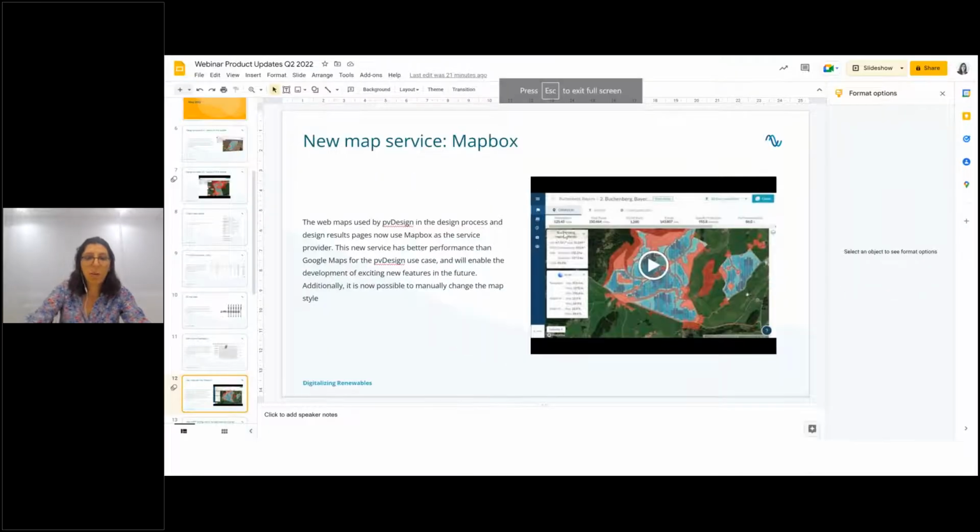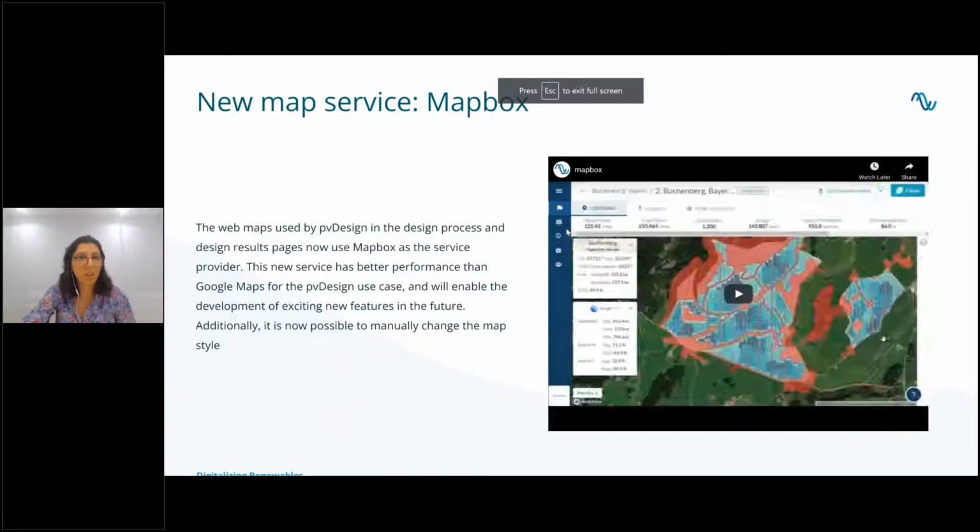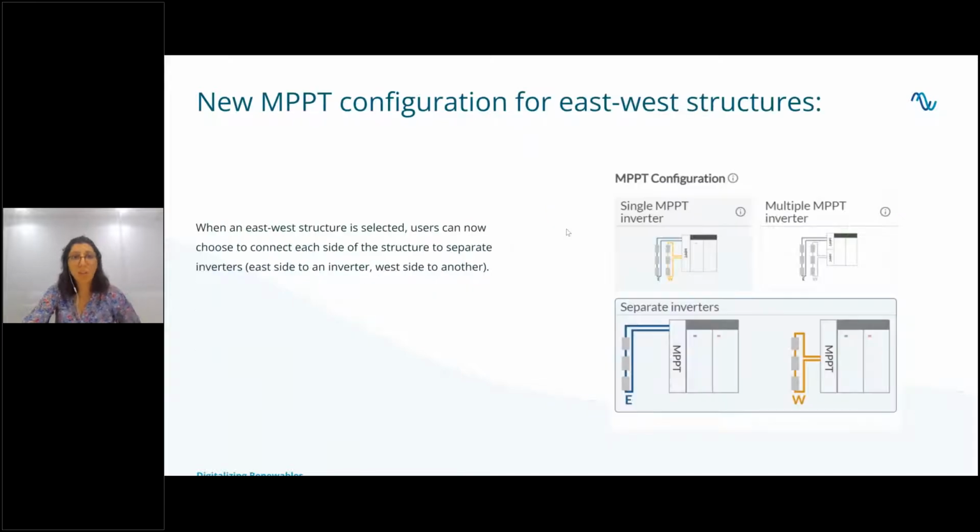Then after that, we have launched a new MPPT configuration for East-West structures. As most of you know, we launched East-West structures a few months ago, and initially it was launched with two different MPPT configurations, the single MPPT inverter and multiple MPPT inverter.